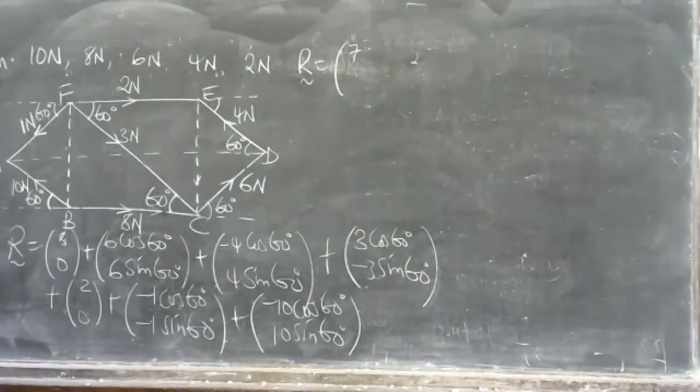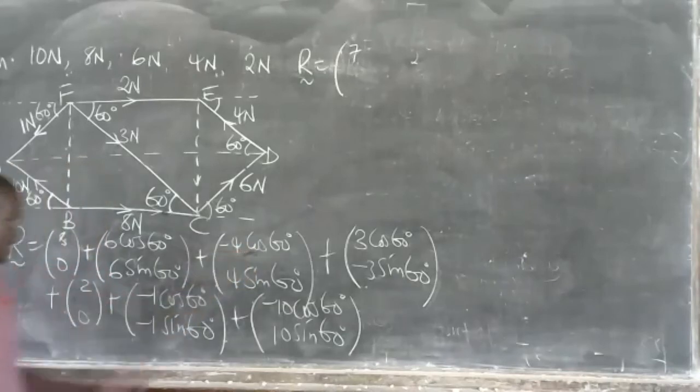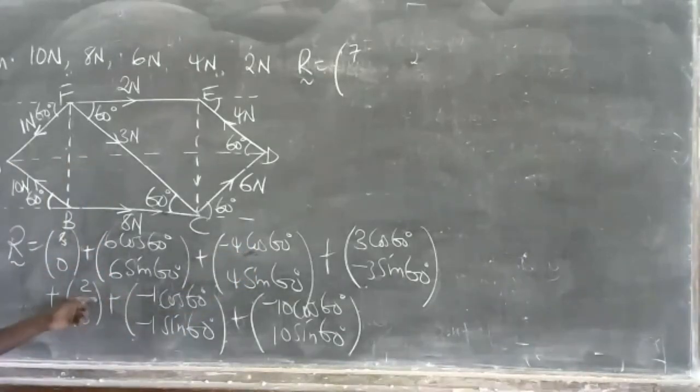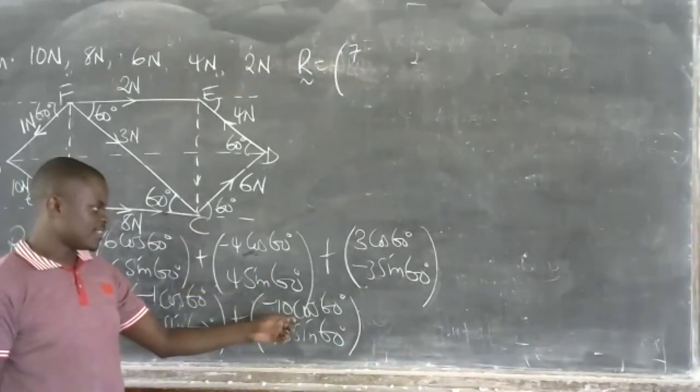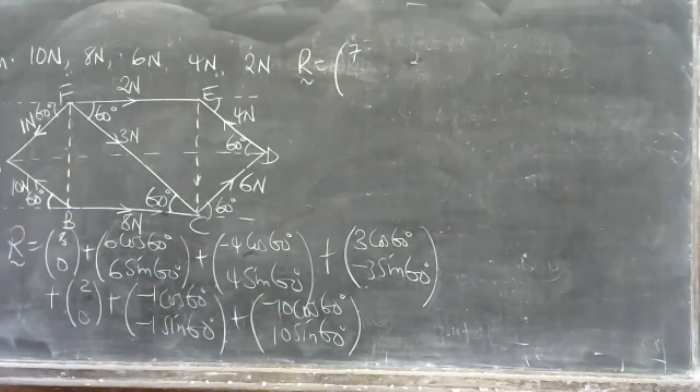We got 7. This is 11. This is 8. This is 7. This is 9. This is -1. 1.5, 3.5, 2.5.